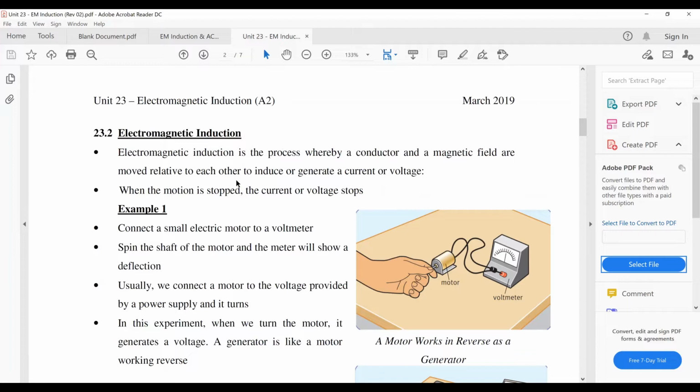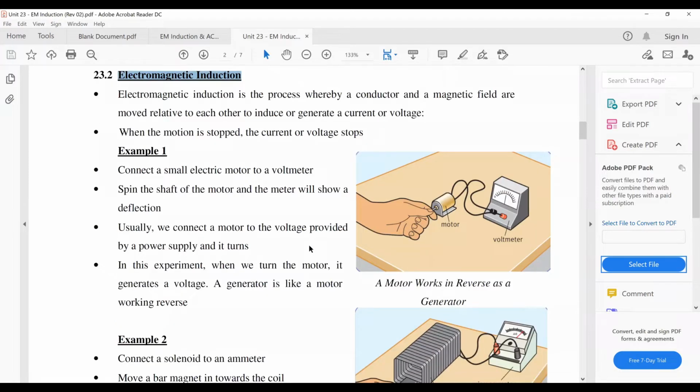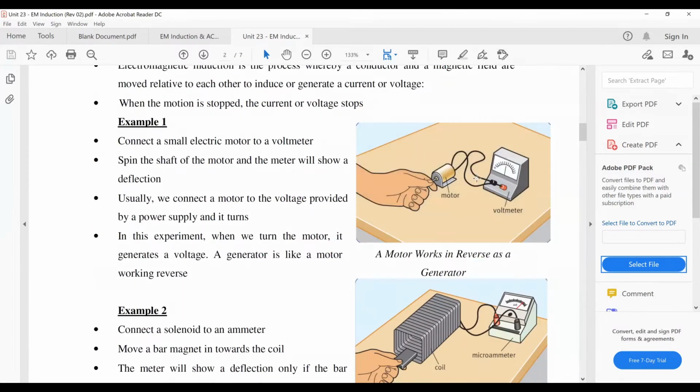There are a few ways in which you can do that. You are using a process called electromagnetic induction. What you normally need is a magnetic field and a conductor. Some prominent examples: say you have a motor and a voltmeter. Most of the time, if you have a motor, you connect it to a power supply, you switch it on, and the motor will start to turn.